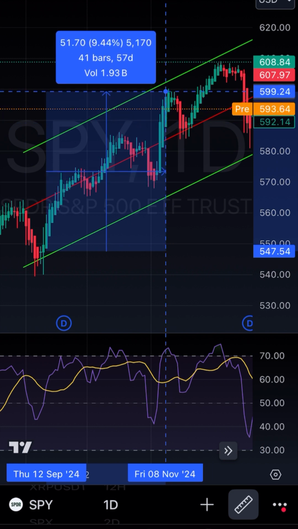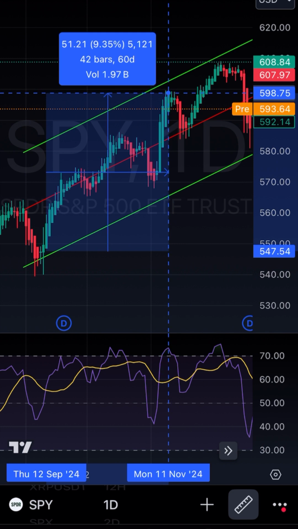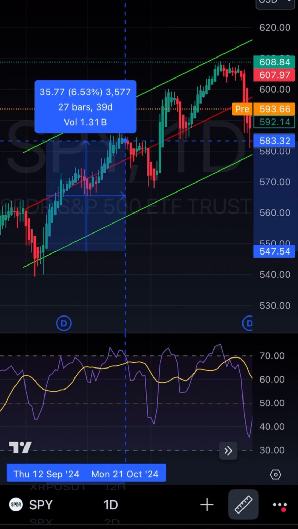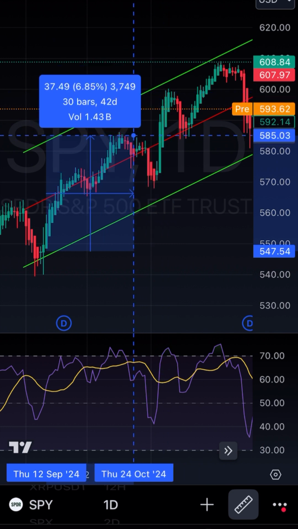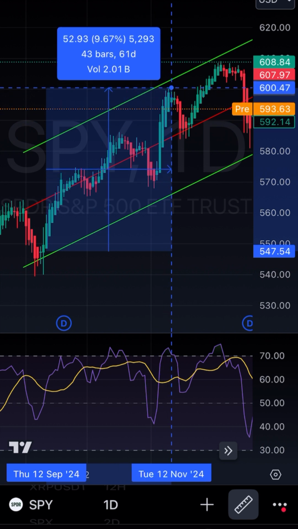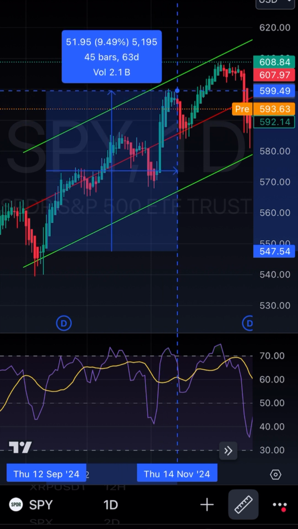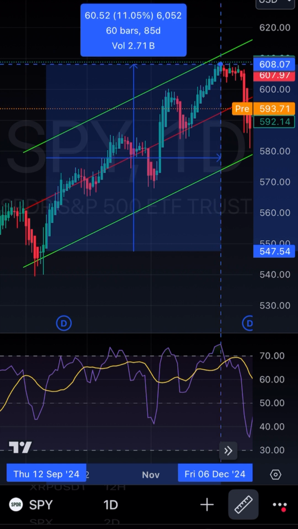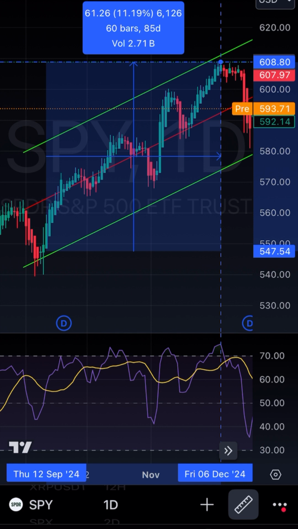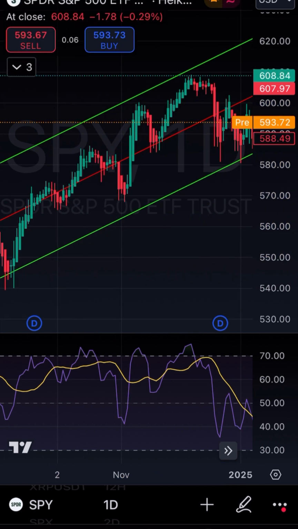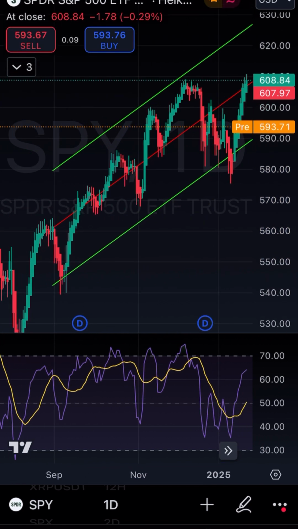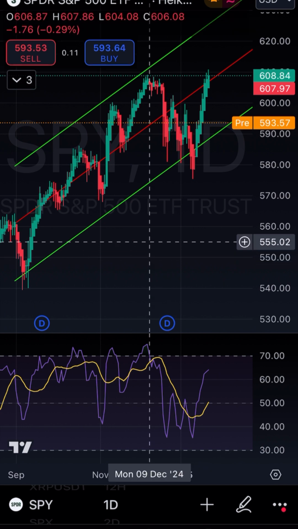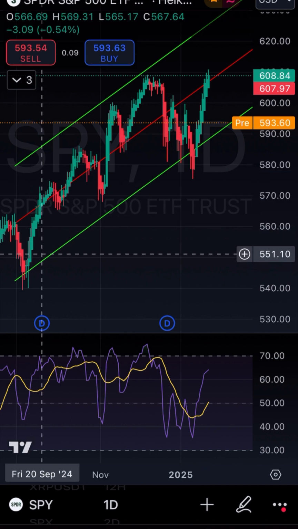But anyway, you could have rode this out for 57 days and you'd still be in profit. Right here you would have had 3,577. Right here you would have 5,000. Right here you would have 6,085. So if you rode this out, you still would be in profit even with the dips.